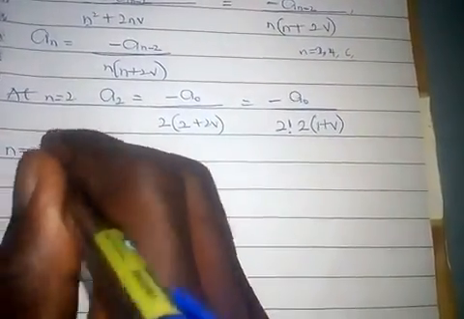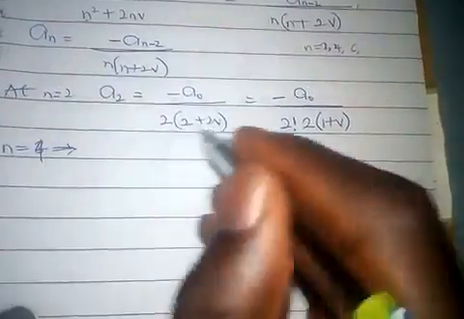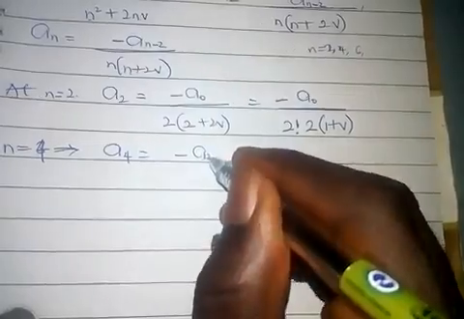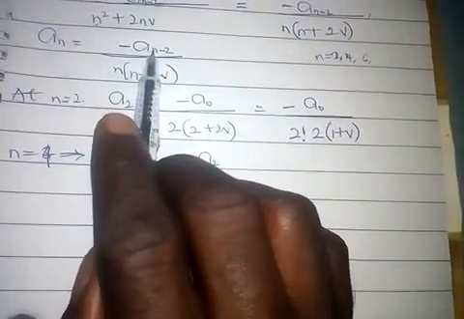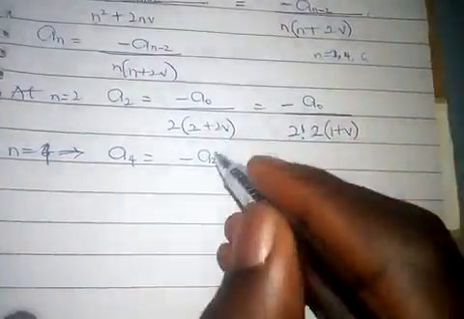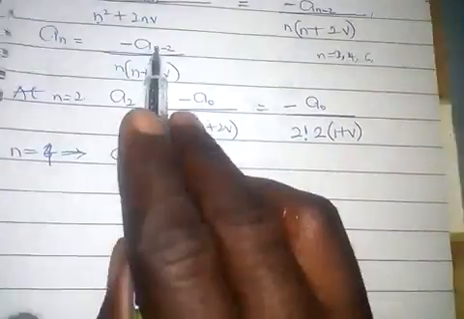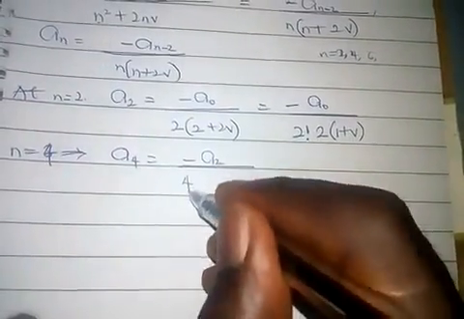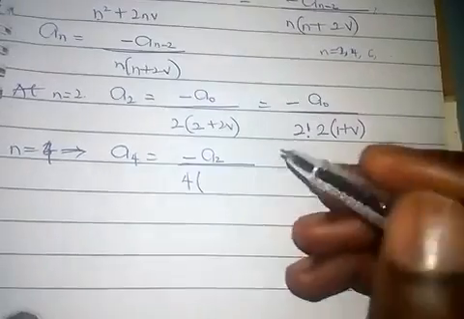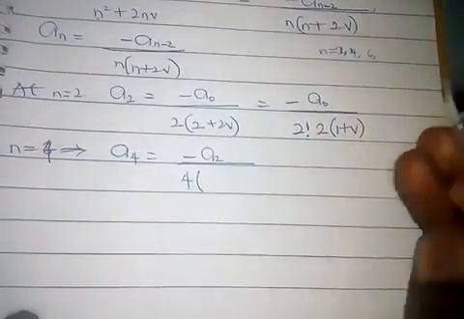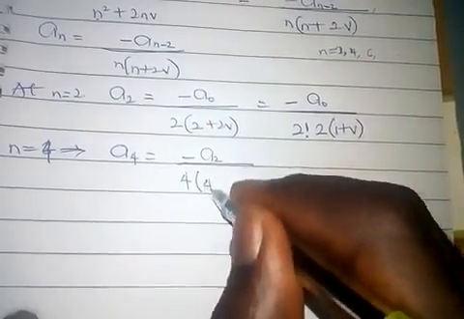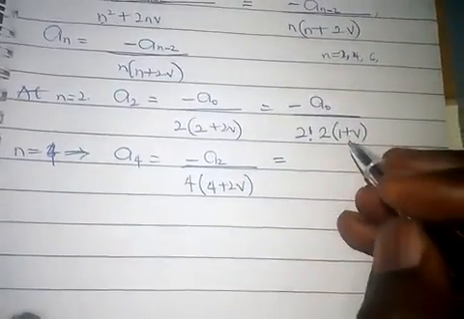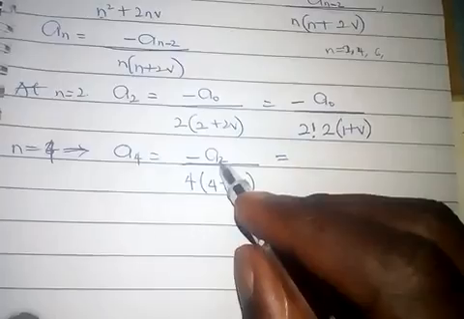Then at n equals 4, we have a_4 equals minus a_2. Just substitute it, 4 minus 2. You understand? Here at n equals 2, so 2 minus 2, all over n is 4, into 4 plus 2v, and it is equal to, what is a_2?